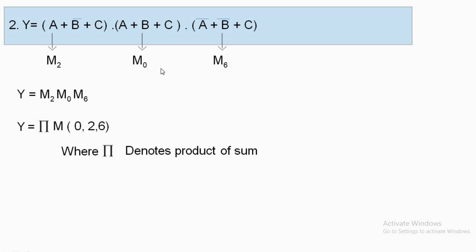The first term is M2, the second term is M0 and the third term is M6. This M2, M0 and M6 we can write from the 3 variable table that we studied in the previous slide. So, Y is equal to M2, M0, M6. That can be written as Y is equal to pi. This sign indicates the max terms and capital M indicates the max terms. Inside the bracket, which terms are present? 0, 2, 6.